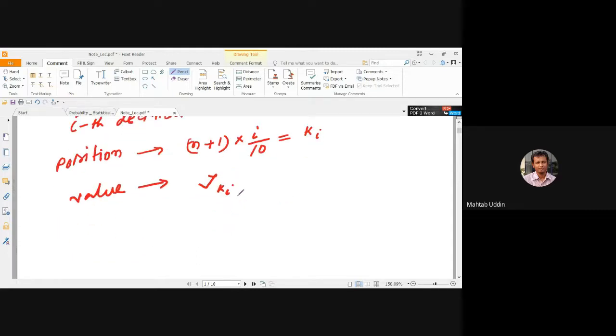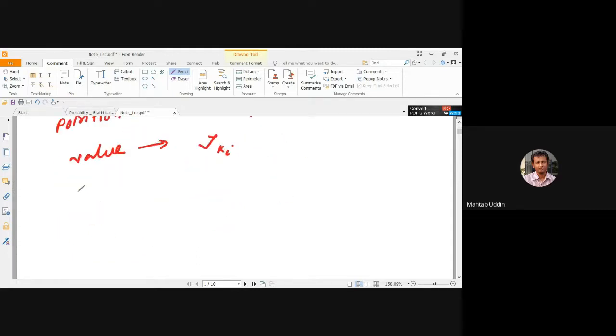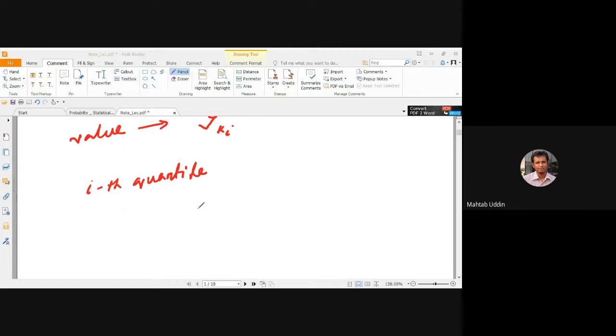Then say we have to find the ith quartile. Now, what does quartile mean? Quartile means one-fourth, per quartile 25%. Since per quartile is 25%, we'll find the position first.